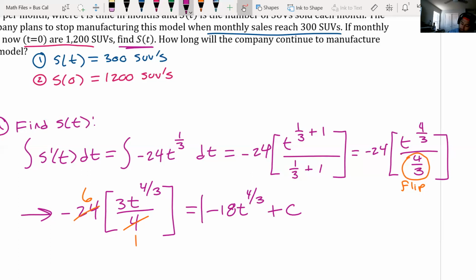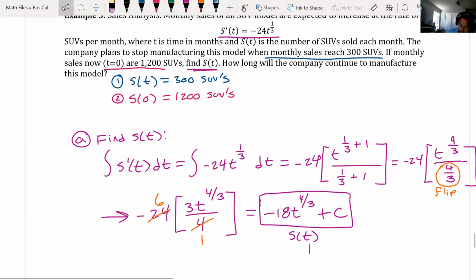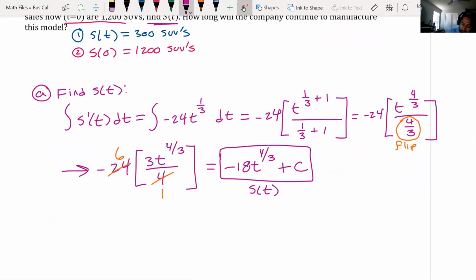All right. Here is S of t. Part of S of t, because we still have to solve for c. Which means we get to use one of our clues above.